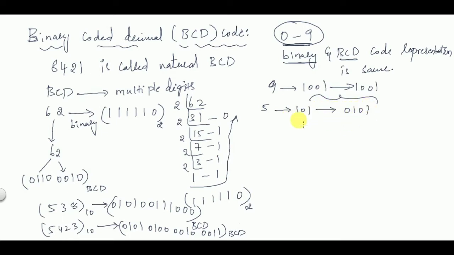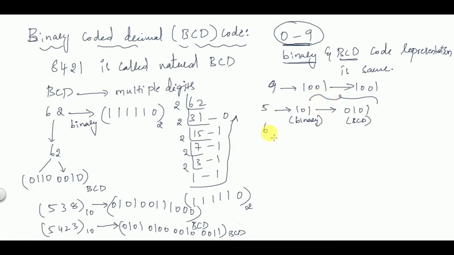So this is 5 in binary, and this is 5 in BCD. Only for 8 and 9 do you require 4 bits, so in 8 and 9 the representations will be the same, right?